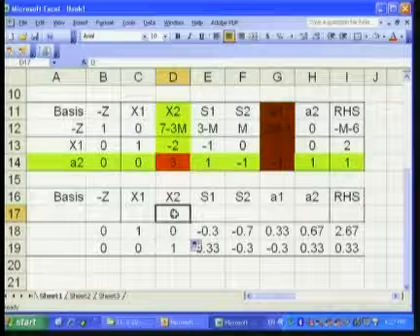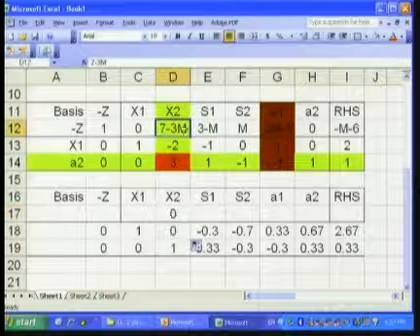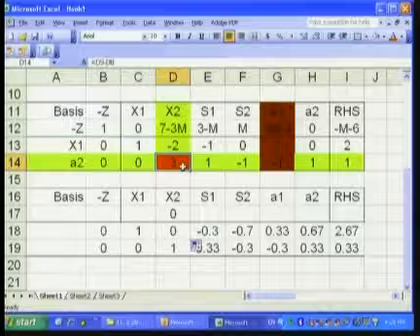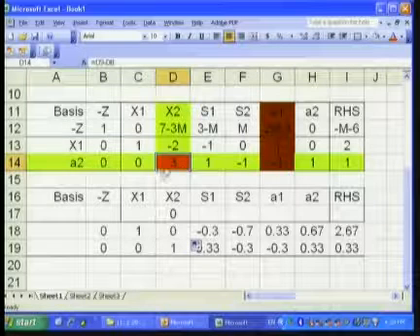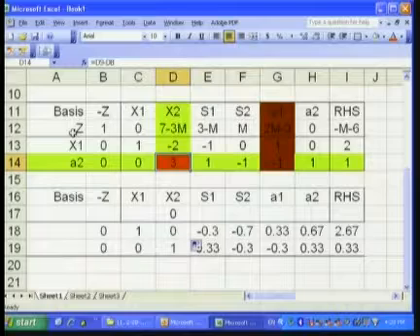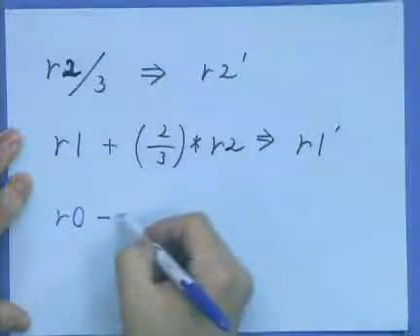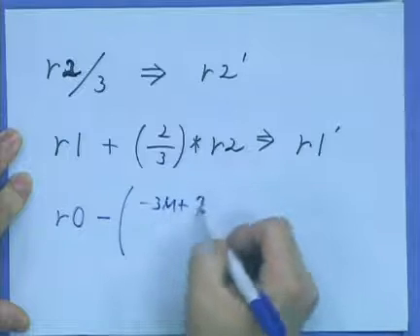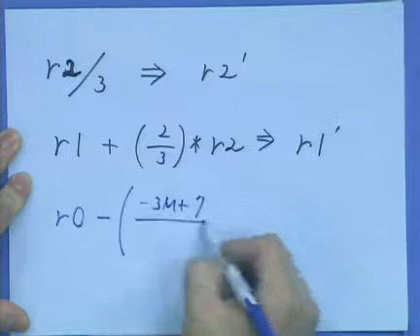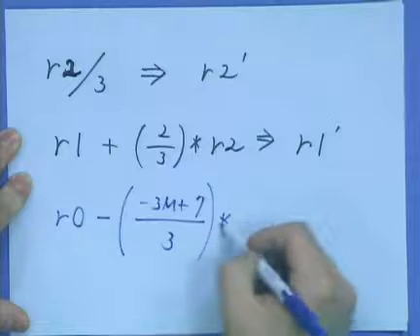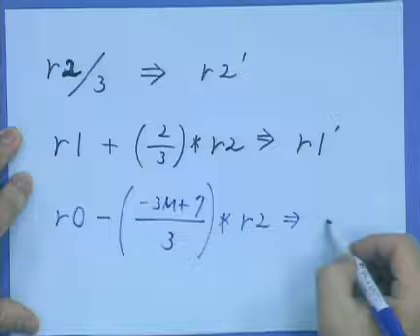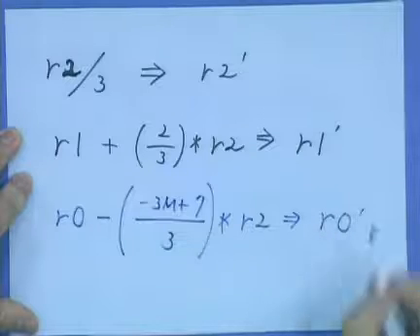Okay, and lastly, how do you make 0 down here from 7 minus 3m using this pivot value? The first row minus negative 3m plus 7 divided by 3 times the pivot row becomes new objective function row.